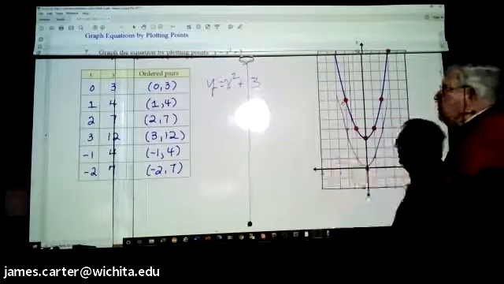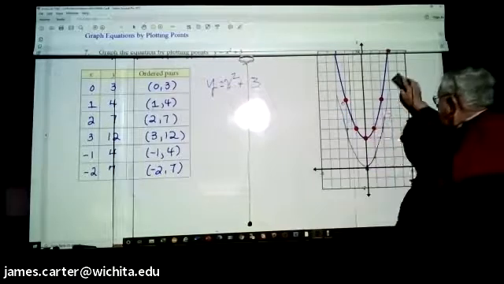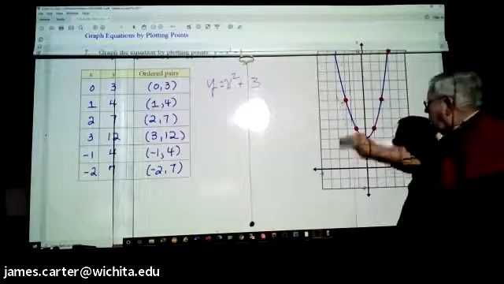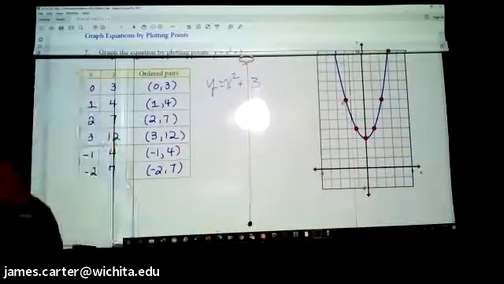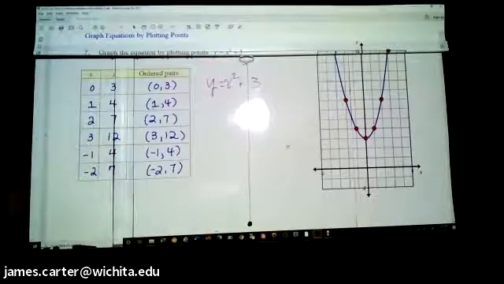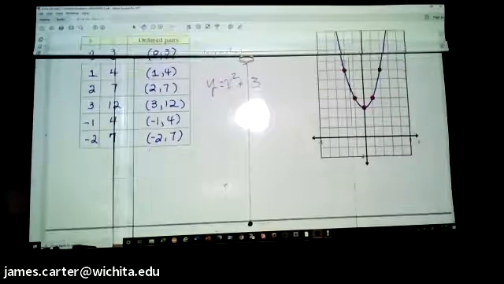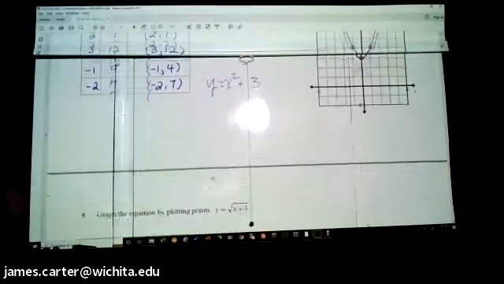Unless it tells you to plot points, the transformations are going to be much faster generally. Now, you would not have had to have had these same points, but you need to have, in this case, some positive and negative ones because of the square.